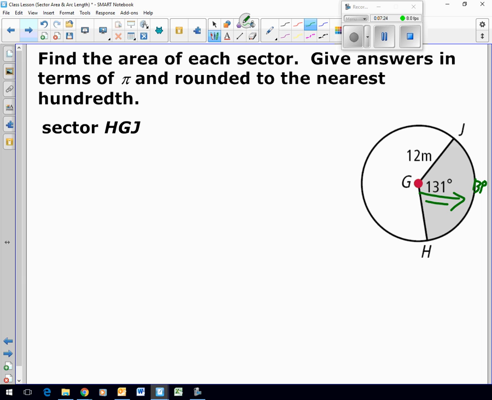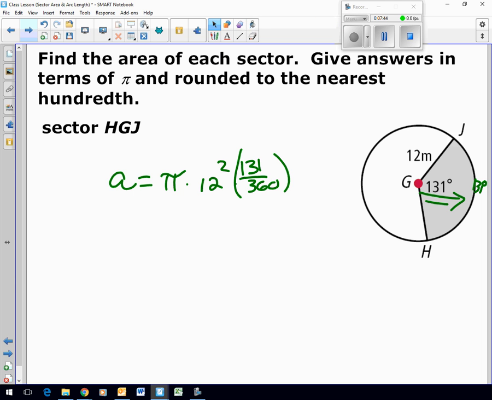So Brady, if I wanted to put this into my area of a sector formula, I would do pi times radius squared times what? 131 over 360. You guys calculate that for me real quick.